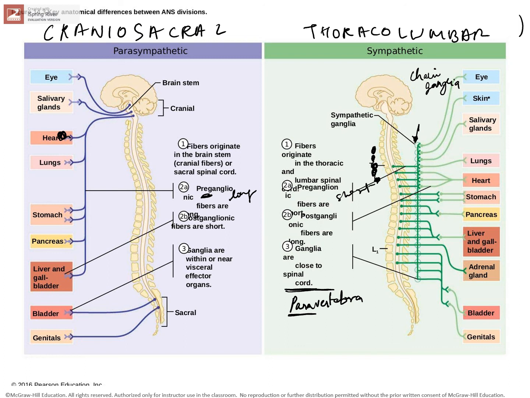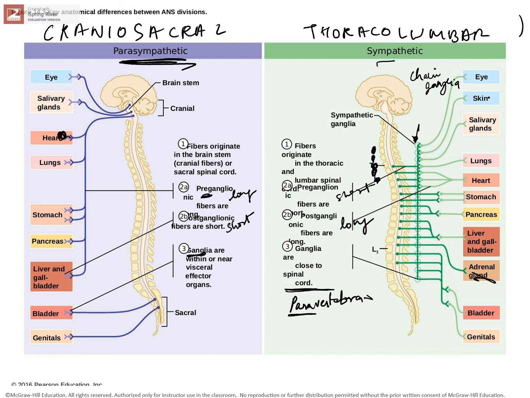The parasympathetic division contains short postganglionic fibers, whereas the sympathetic division contains long postganglionic fibers. Now, the ganglia or cell body clusters are located closer to the effector organ or within the tissue of the effector organ in the parasympathetic nervous system.